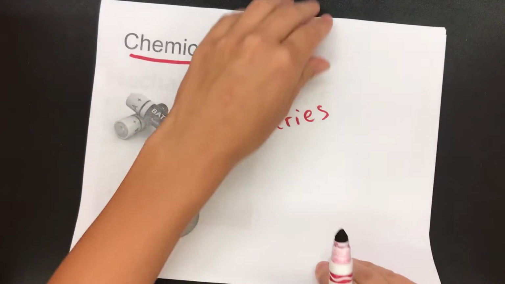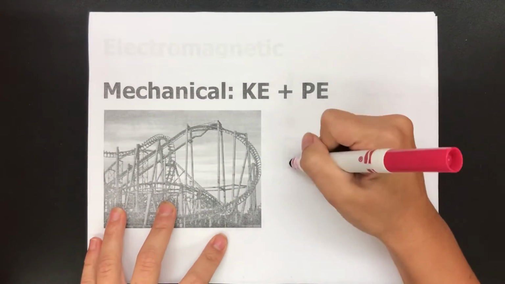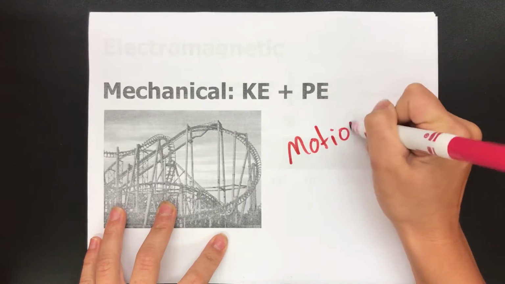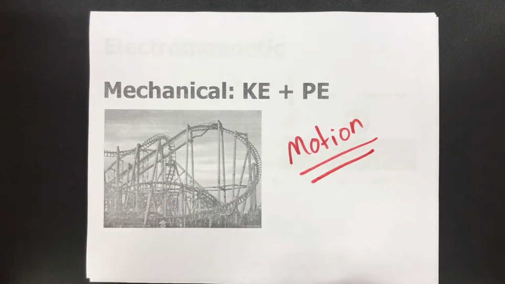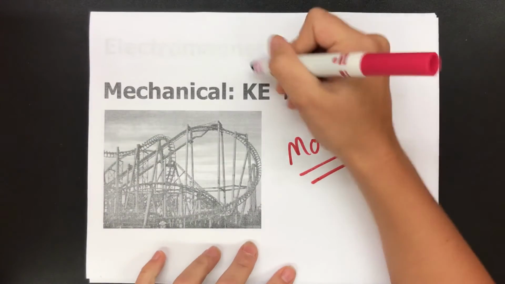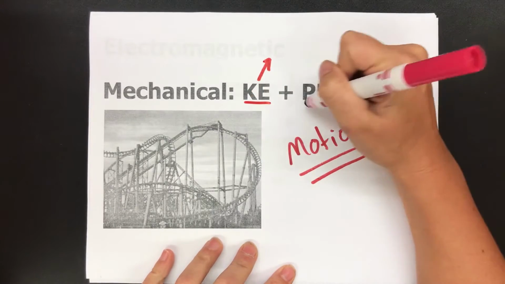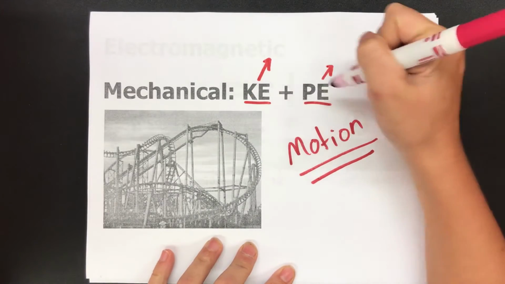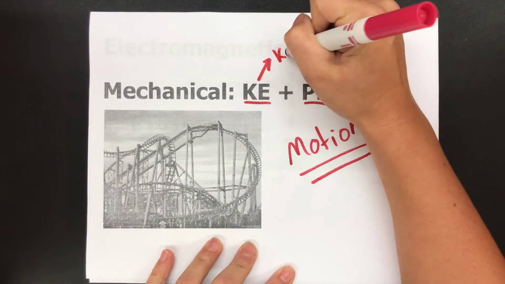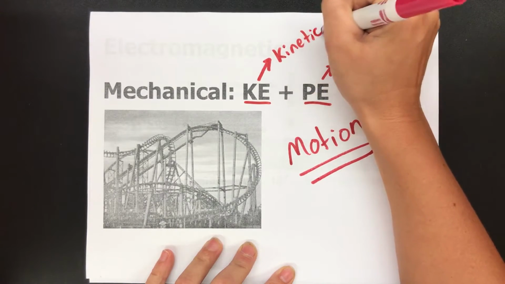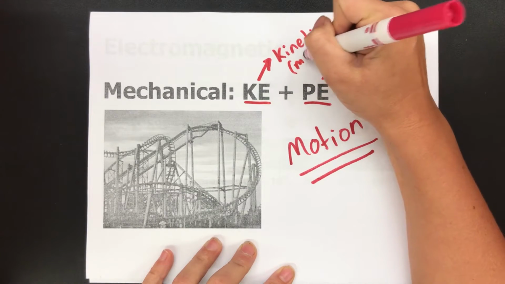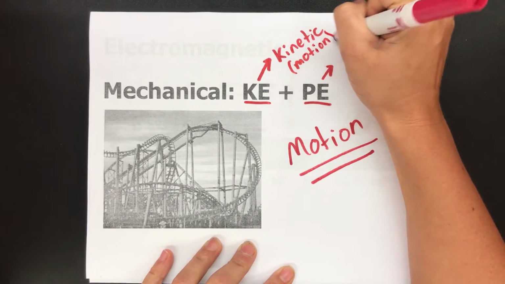Mechanical is the next one. Mechanical is all about motion. So if an object is in motion, you've got mechanical energy. Now to break it down, you have two things here. You have KE and PE. KE stands for kinetic. Kinetic energy, this is dealing with the actual object in motion.